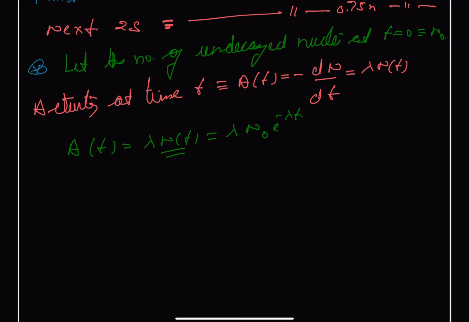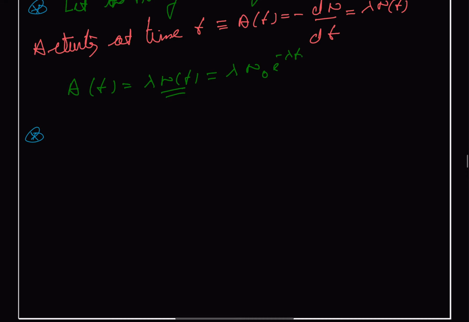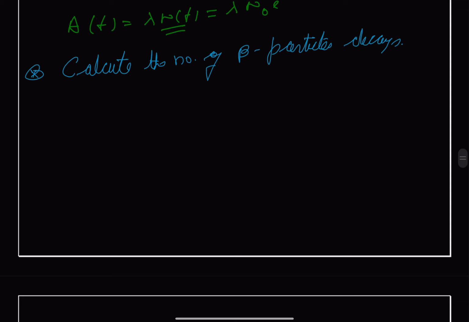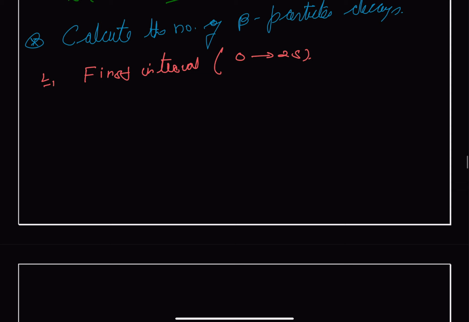And we have to find the number of beta particle decays, and these beta particles have two different values. The first interval starts from 0 and goes up to 2 seconds, and during this interval we are given that the number of beta particles is n.